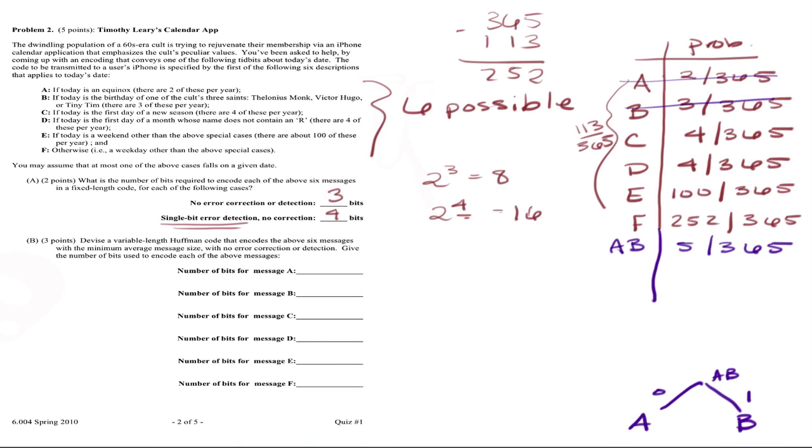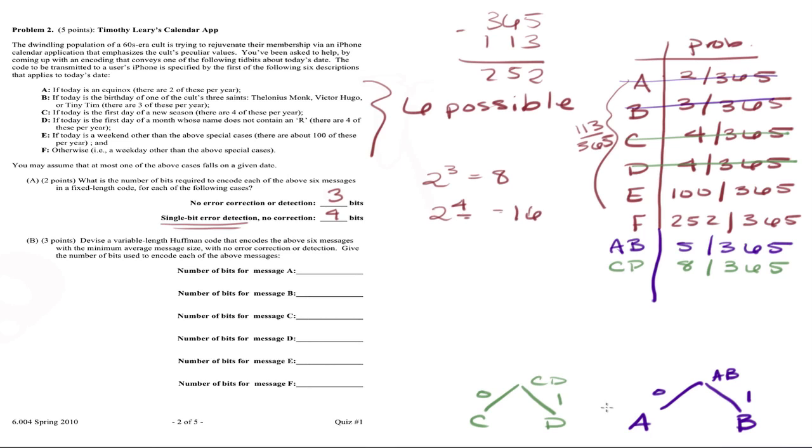Now we're going to find the next 2 with the smallest probability. So we have C and D. So our new node could be CD, and that's 8, right? 4 plus 4 is 8 out of 365. So we'll draw C, D. Okay, and that's CD.